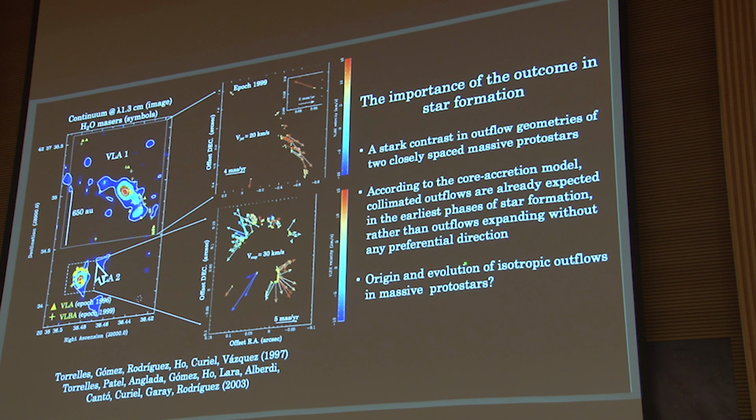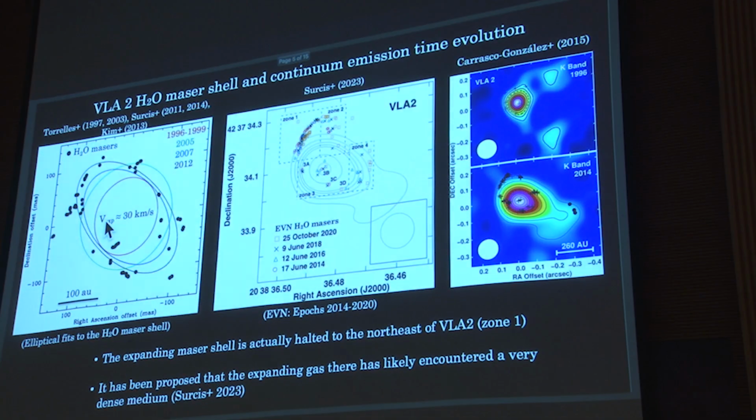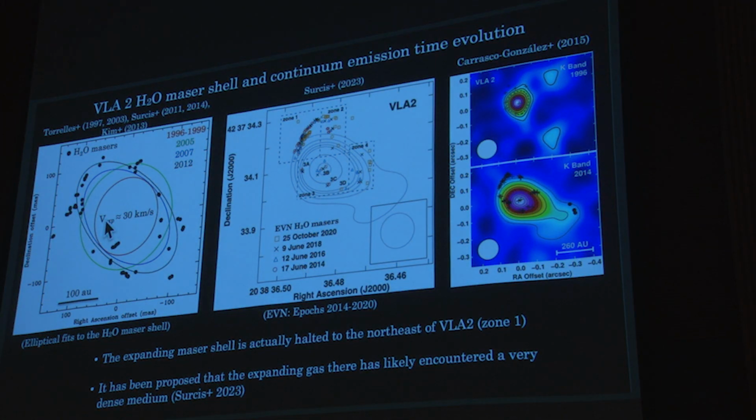So what this brings are 2 important questions: to know what is the origin, and what is the evolution? Well, I anticipate that we don't have the answer about the origin of this kind of outflows, but we know about the evolution. So during more than 20 years, we have observed this maser shell.